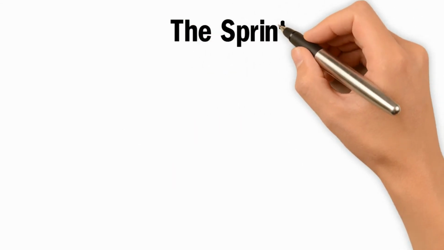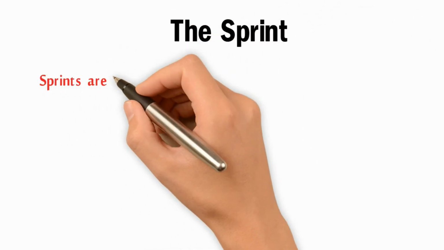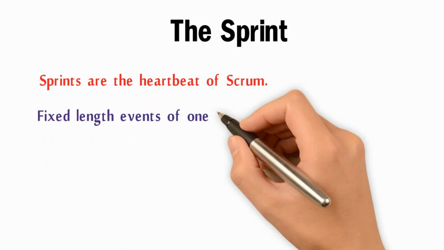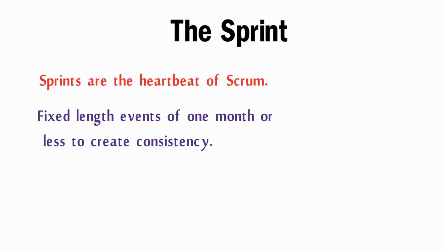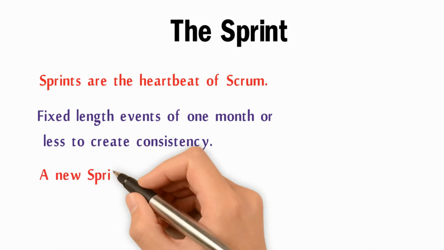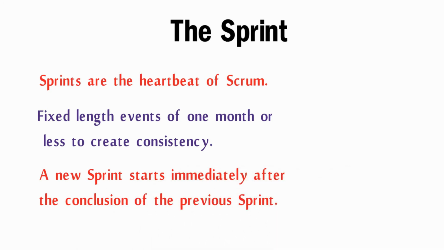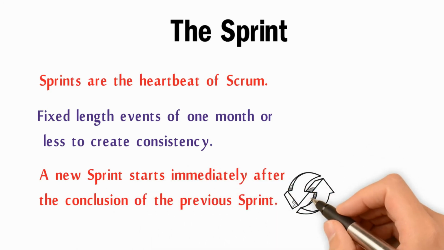The sprint. Sprints are the heartbeat of Scrum. Fixed length events of 1 month or less to create consistency. A new sprint starts immediately after the conclusion of the previous sprint.